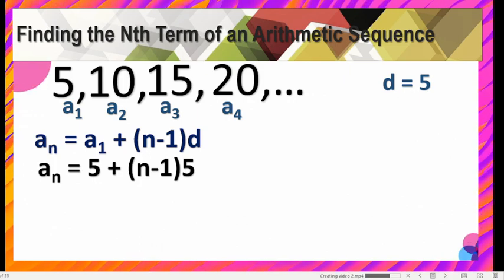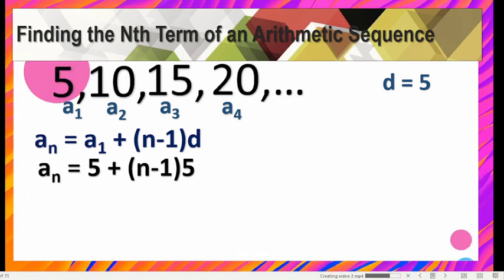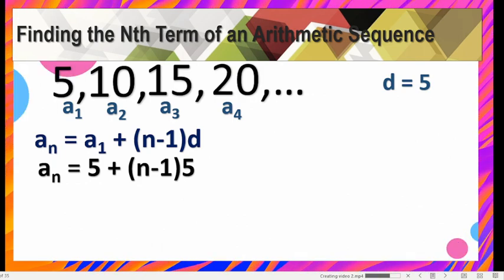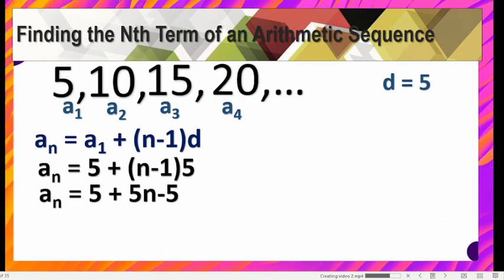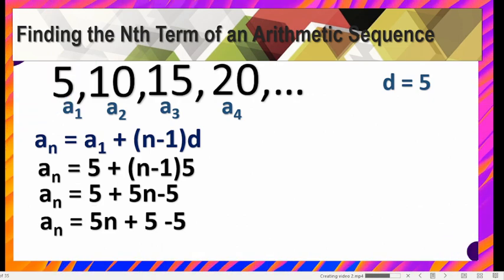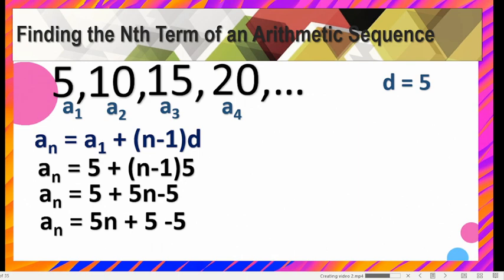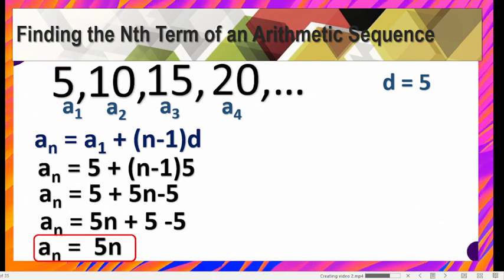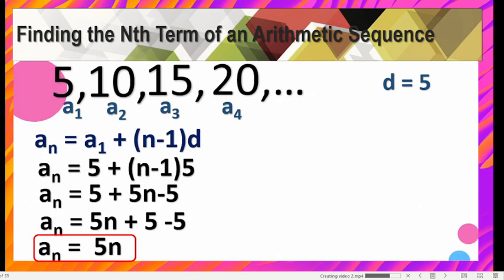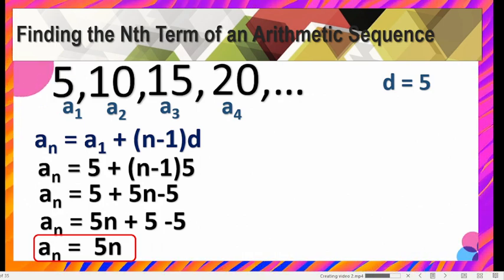Just simply replace a sub 1 by 5 and the common difference by 5. Using the multiplication property of equality, we have 5n minus 5. Combining similar terms, we have 5n plus 5 minus 5, which is 0. So, therefore, the nth term of 5, 10, 15, 20 is a sub n equals 5n.